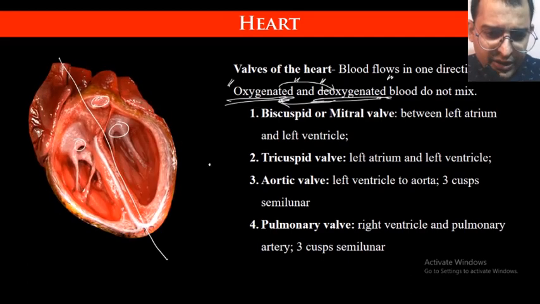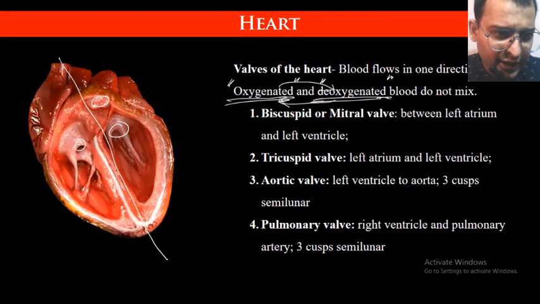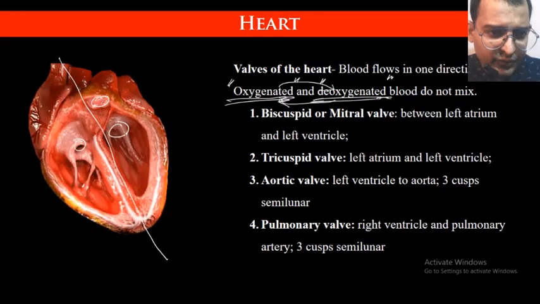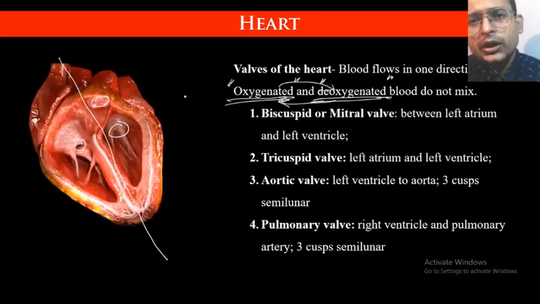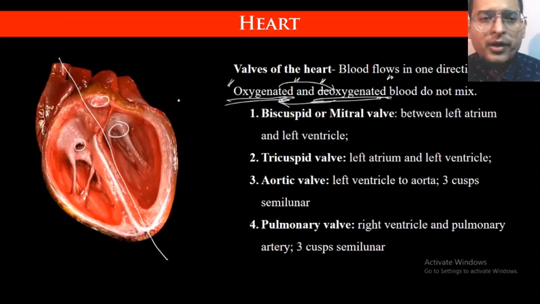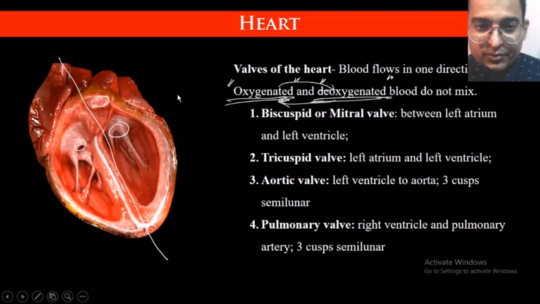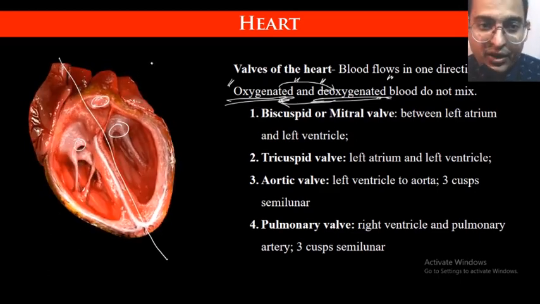Now let us see what are the valves that are present. Here we can see clearly that there are three types of valves that are opening and closing. When we are studying the anatomy of the heart, we are not studying the anatomy of our own heart. We are studying the anatomy of another person's heart.